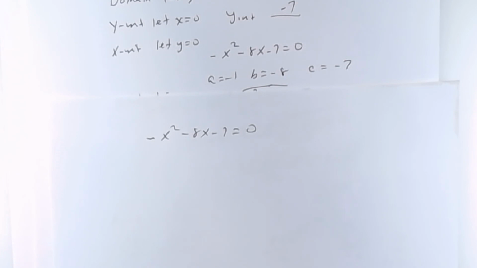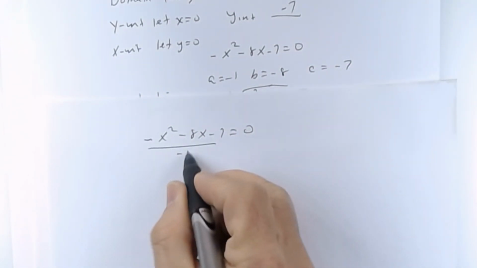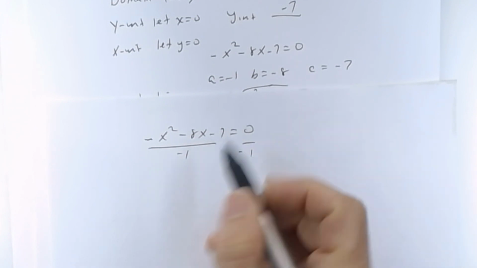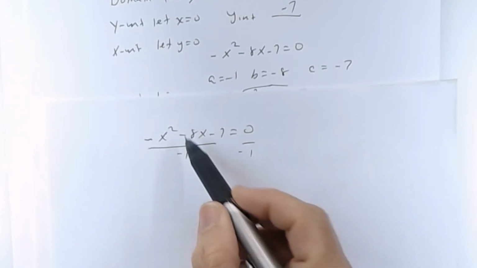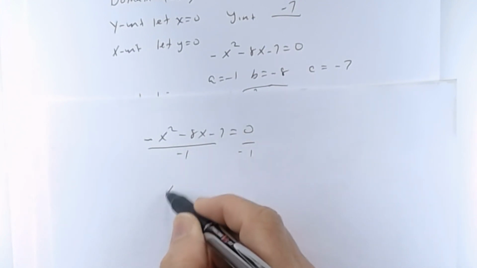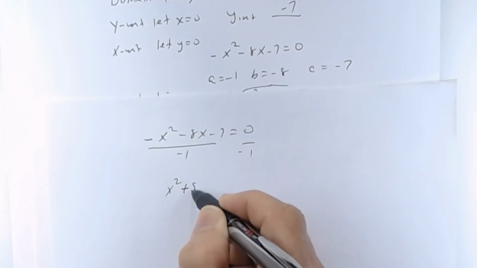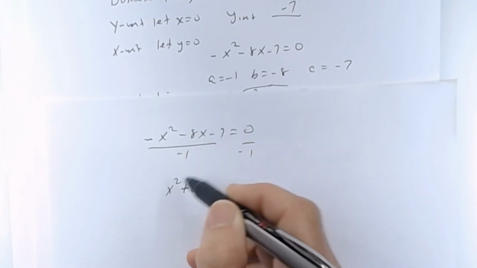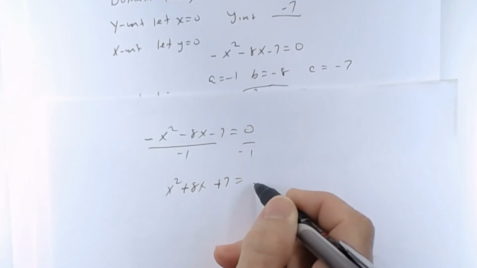Well, could I divide both sides by negative 1 if I wanted to? Yeah. What you do to one side, you do to the other. So if I wanted to, I could divide both sides by negative 1. When I divide all of these by negative 1, what's negative x squared divided by negative 1? What's negative 8x divided by negative 1? What's negative 7 divided by negative 1? What's 0 divided by negative 1?